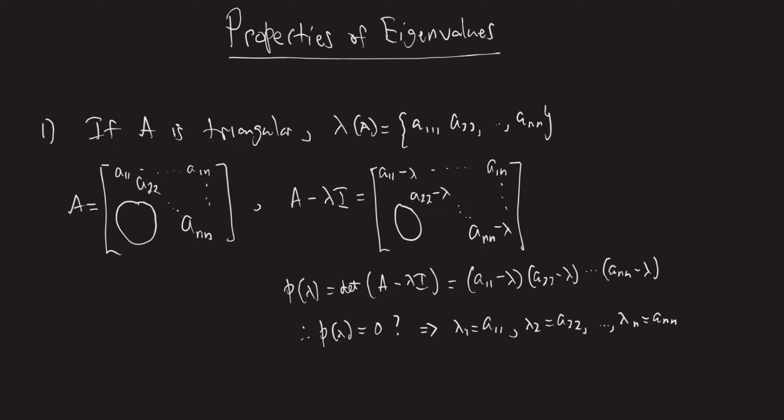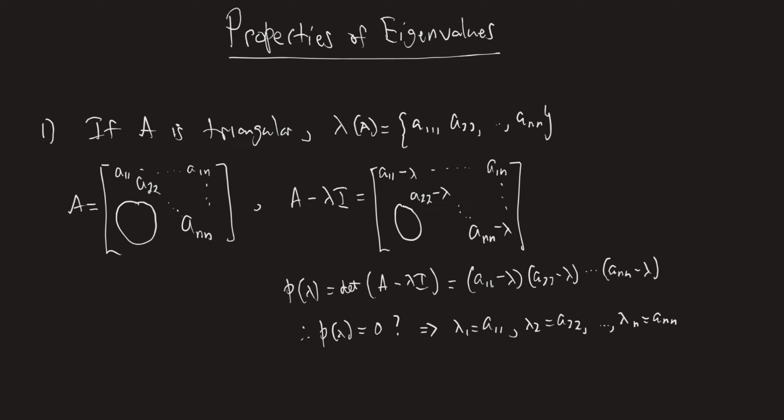And some of these lambdas can be repeated, but the interesting thing here, and we'll actually use this fact later on, is that because we now know the roots, what we have here is the factored form of the characteristic polynomial. It just so happens that when your original matrix is triangular, the factored form is easier to come up with.